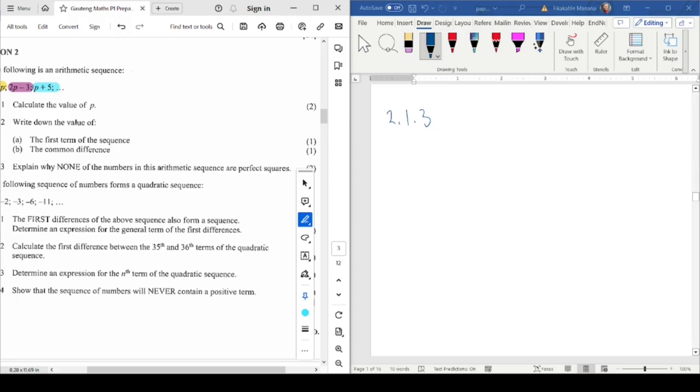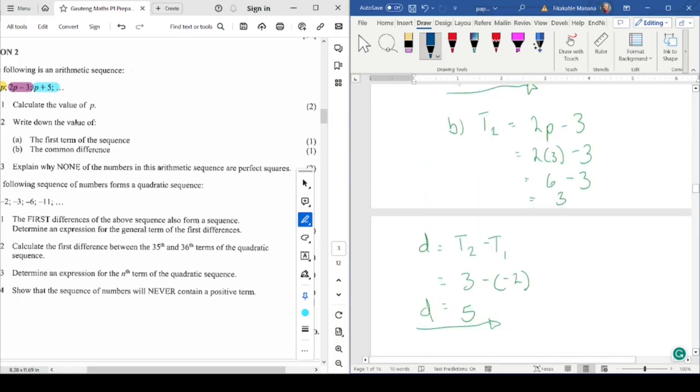But in case you don't know, that's numbers like 4, whose square roots give you a perfect number, like 4, 9, 25, those sorts of numbers. So you need to think about this a little bit clearly. Okay, now that we know what a perfect square is, we know that T1 is equal to, we solved it upstairs.